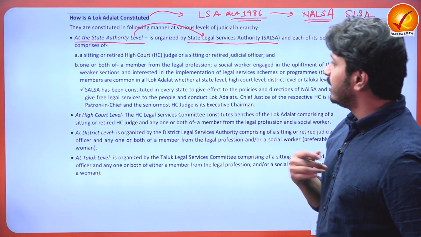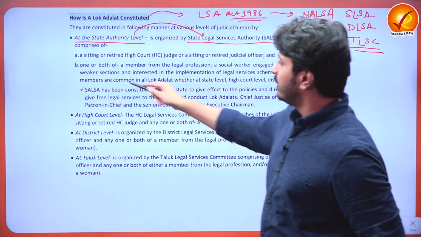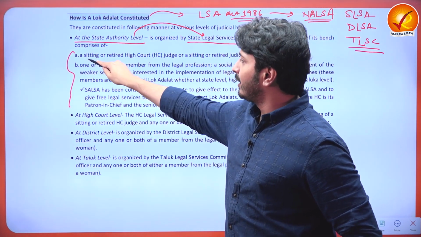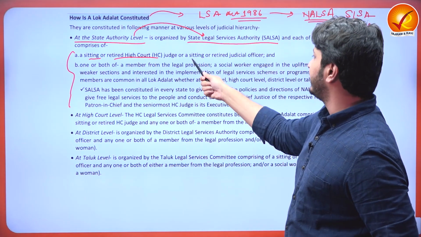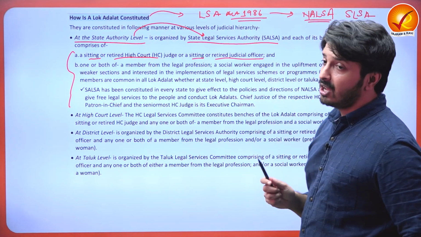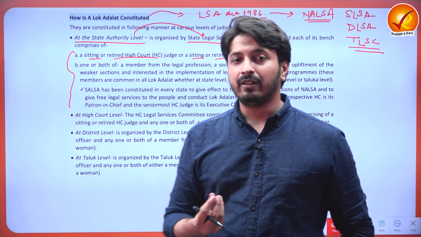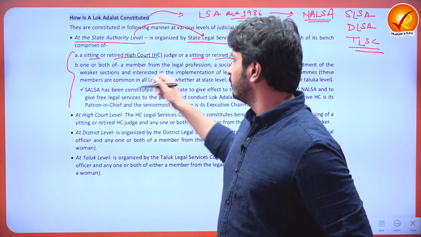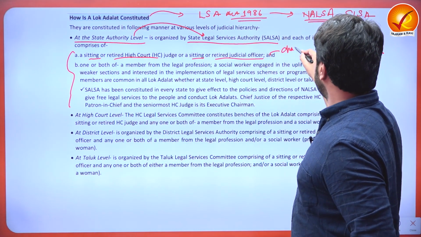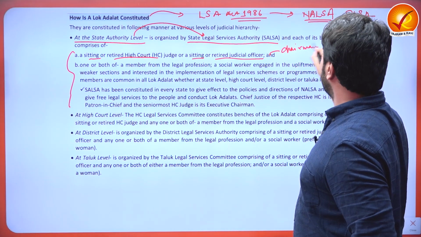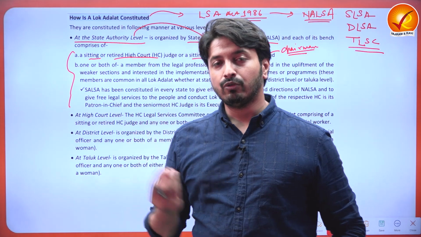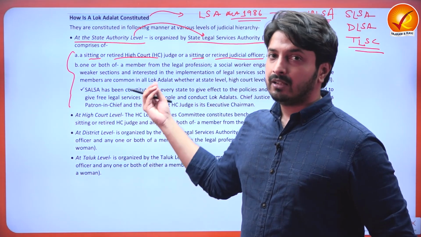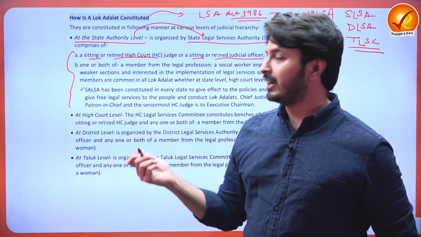And what will that Lok Adalat comprise of within the state level? It will comprise of a sitting or a retired High Court judge, or a sitting or a retired judicial officer. Apart from the person who acts as the chairman, there are two other members who will be associated with the Lok Adalat which has been constituted at the state level.